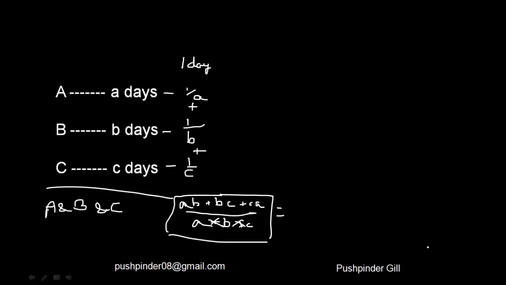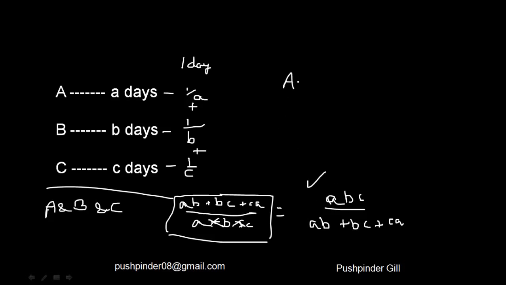So how many days they are going to take to finish this job is just the reciprocal of that. That is ABC upon AB plus BC plus CA. Now this is the number of days taken by A, B, C together to finish the job, right? Now this is just the expression that you need to use.